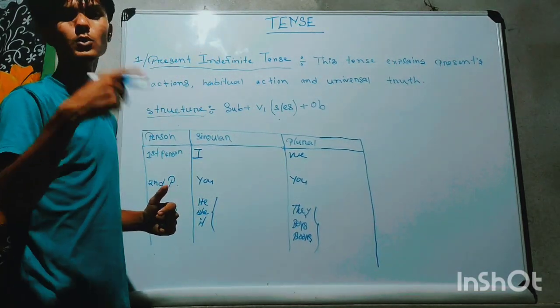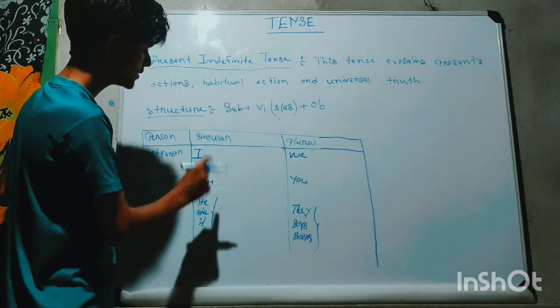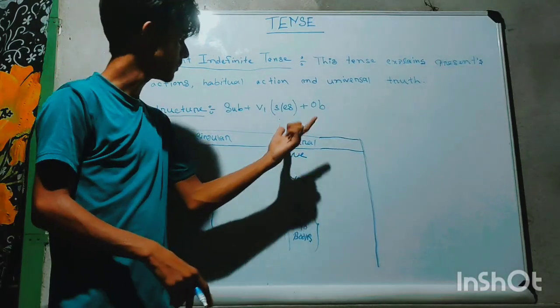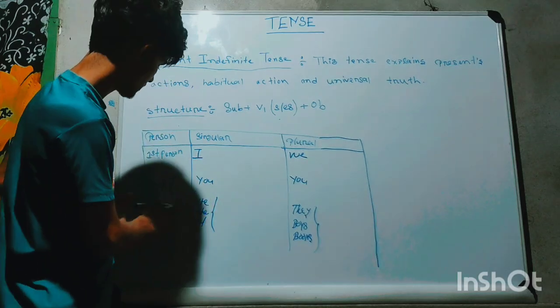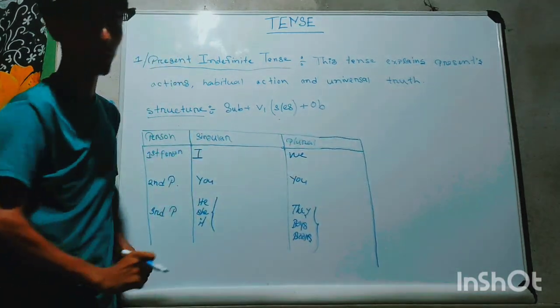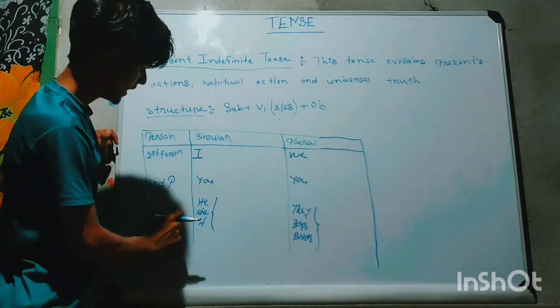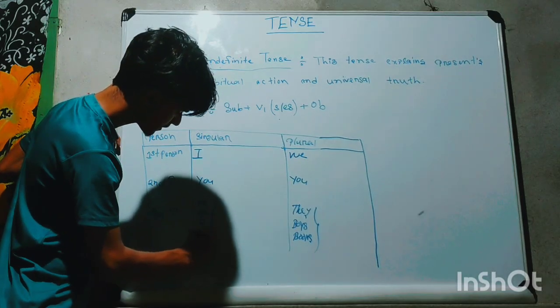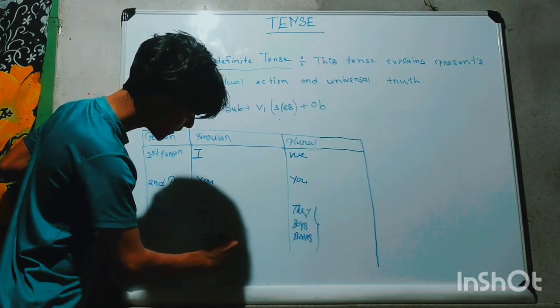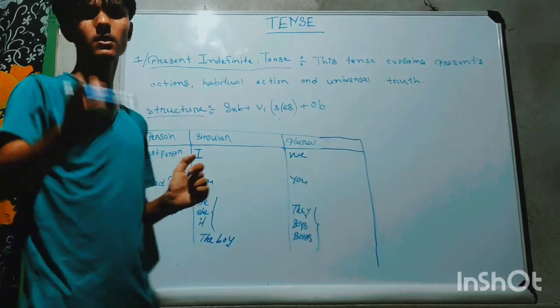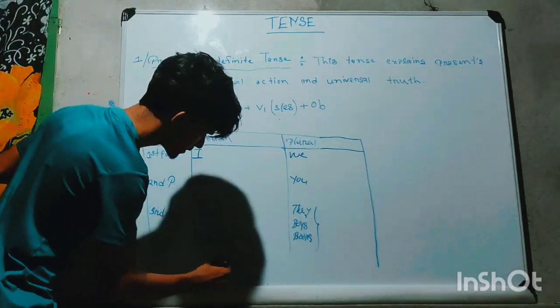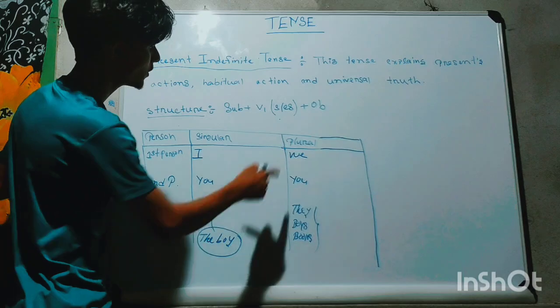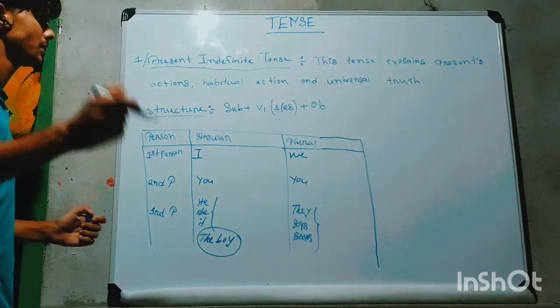He refers to one person, so it is third person singular. But boys refer to more than one, so this falls under third person plural. And the boy, where does the boy fall? Comment down the answer. Is it third person singular or third person plural?